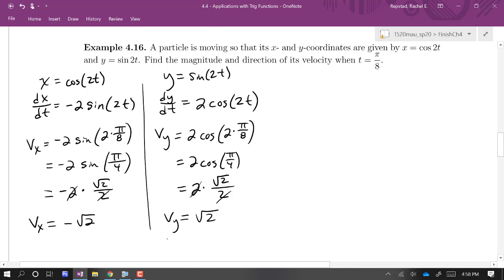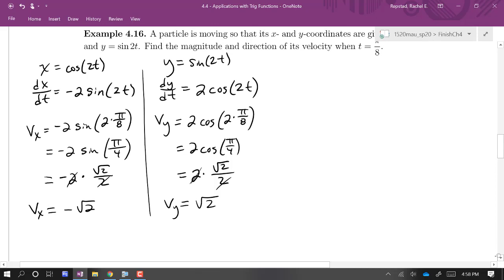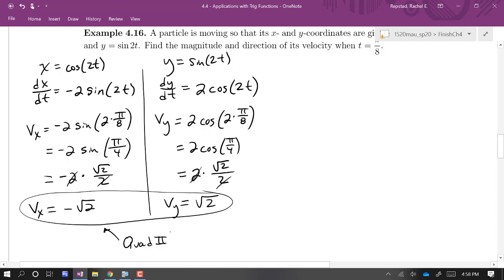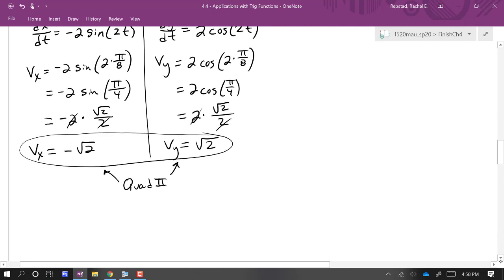Now looking at these two components here, we can tell that this is going to be in quadrant 2. Negative x, positive y. This is quadrant 2. That's going to affect our angle when we find it.